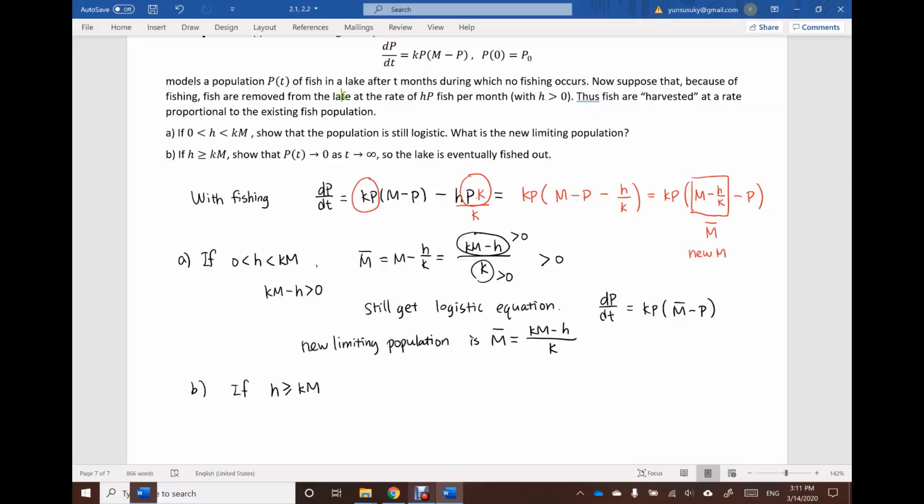Okay, so if h is greater than or equal to km, what is m hat? So m hat is (km minus h) over k. We know k is always positive. And km minus h now is less than or equal to 0. So the numerator is less than or equal to 0.